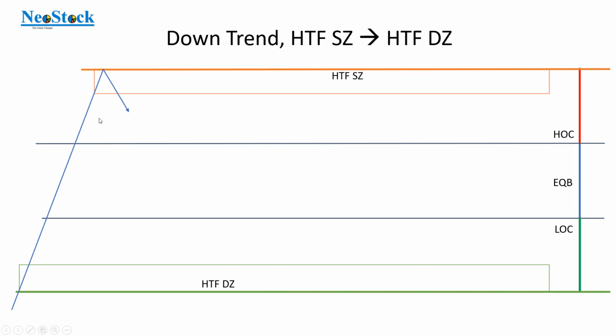The moment prices entered the HTF supply zone and turned direction, the price direction changed to HTF supply zone to HTF demand zone. Earlier, the price direction was HTF demand zone to HTF supply zone. Now the price direction has changed to HTF supply zone to HTF demand zone.